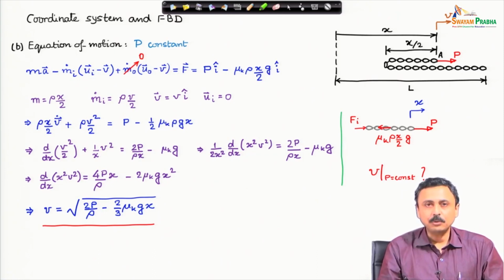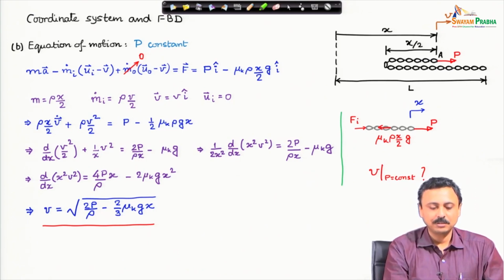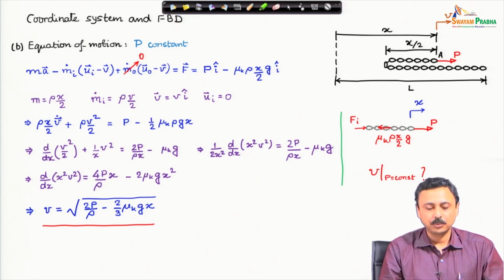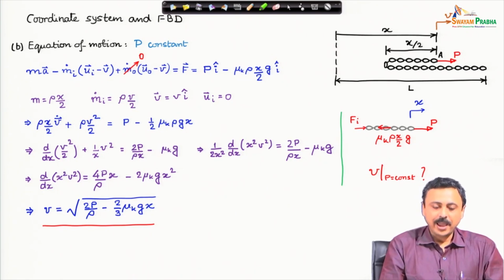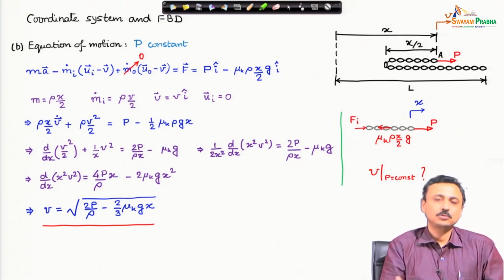At x equal to 0 or 0 plus, when the force is applied, you see the velocity will be roughly under root 2 p by rho, and as it moves the velocity drops, and if p is not sufficiently large, then at some value of x, the velocity might even go to 0, and if it goes to 0, after that the chain is not going to move.